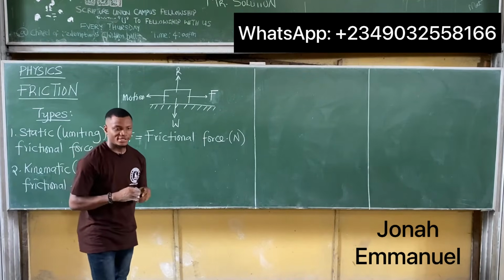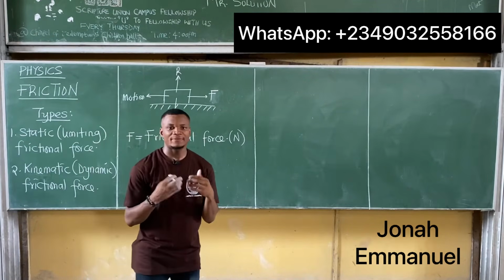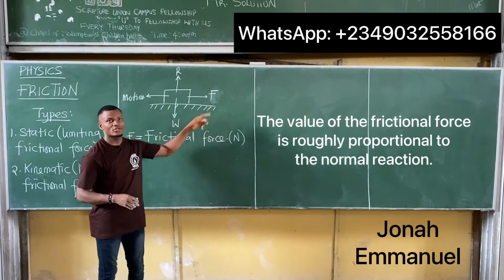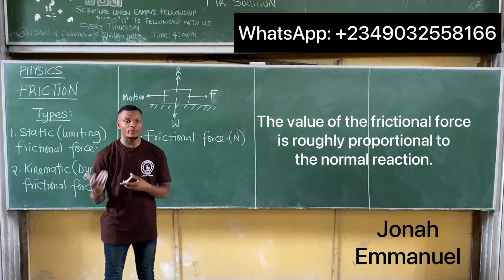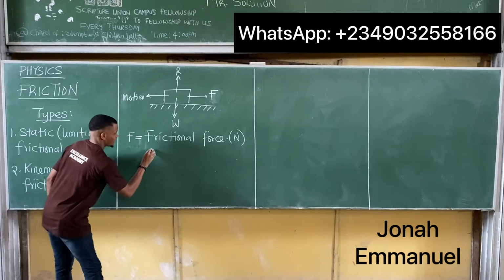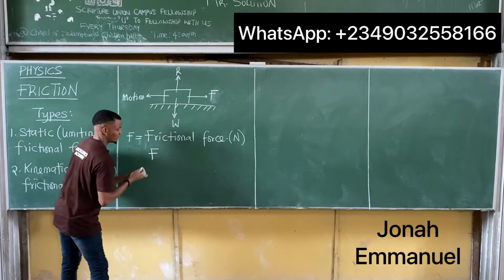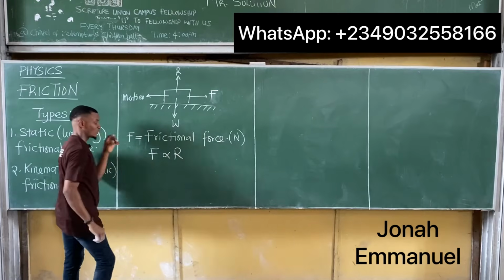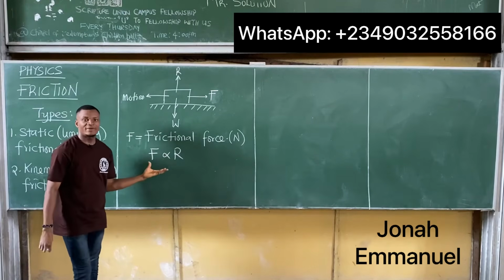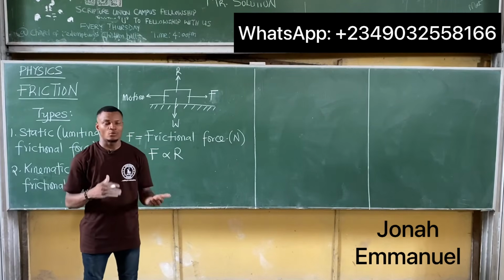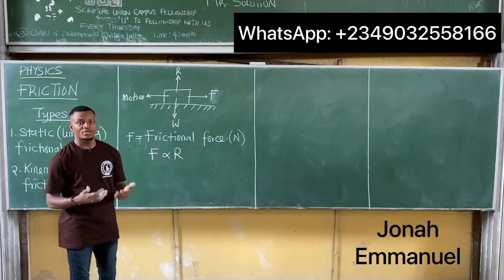Now, from experiments, it has been seen that the value of the frictional force is roughly proportional to the normal reaction. From mathematics, whenever you have a proportionality sign, we take off that sign and introduce a constant.